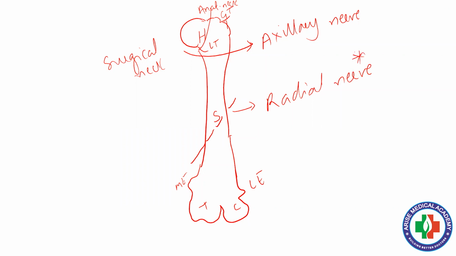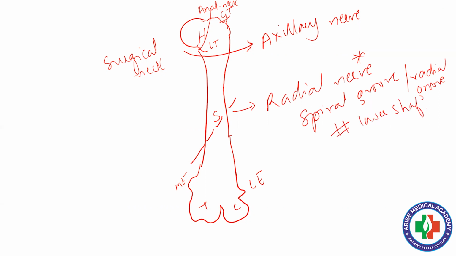Again, this year's question. The spiral groove is also called the radial groove. So fracture of the spiral groove, radial groove, or fracture of the shaft, lower shaft of the humerus, please think of radial nerve damage.